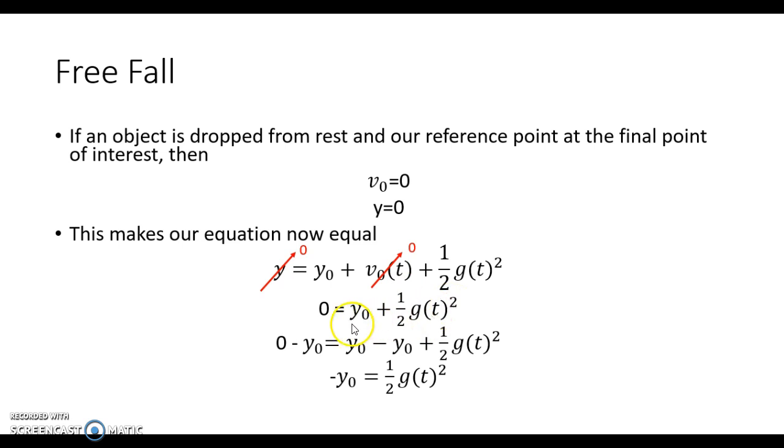Now if we subtract y sub 0 from both sides, what we end up with is negative y sub 0 is equal to 1/2 gt squared. And we can use that, for instance, to find the position of the ball initially by using that equation.